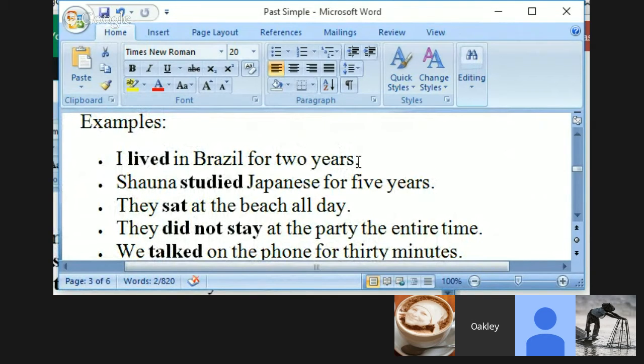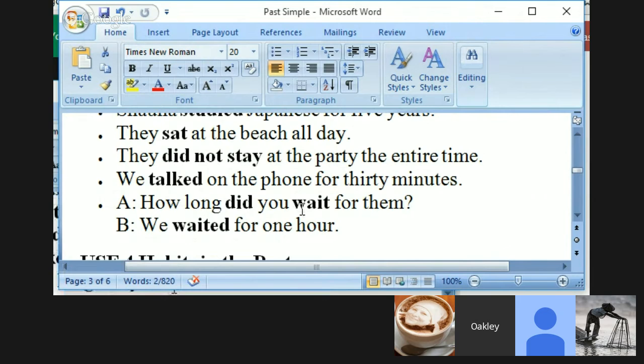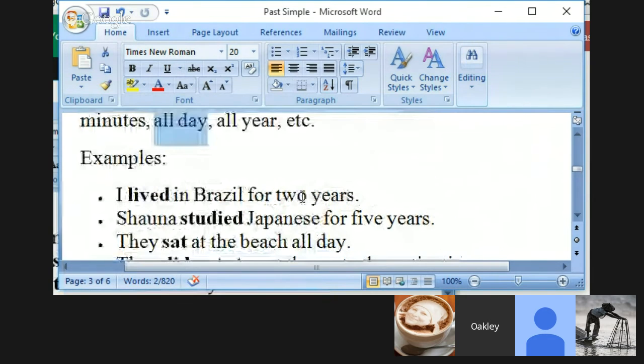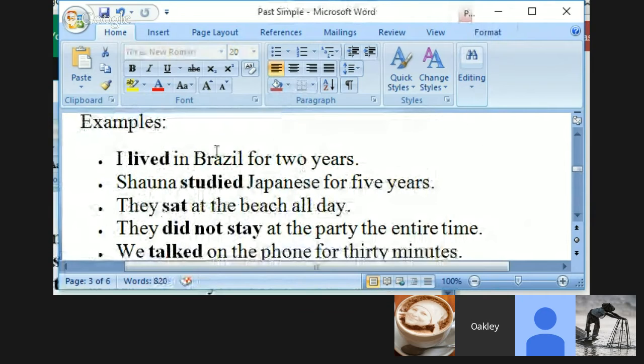So we can mention a duration of time with the past simple to make it obvious how long that action lasted. They did not stay at the party for the entire time, for 30 minutes. Notice that in this usage, every one of these examples has a time phrase which shows duration.